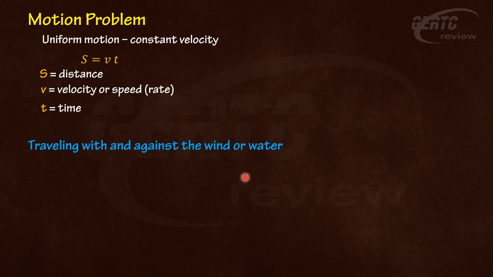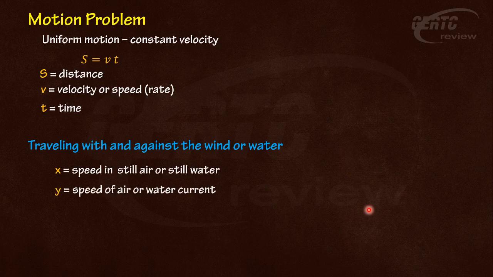If we let X be the speed in still air, kung airplane man, still water kung boat, and Y is the speed of the water current or the air, then the resultant speed of the object with the wind or with the water will be, we add the two. So, X plus Y. Kasi parallel sila, the same direction.